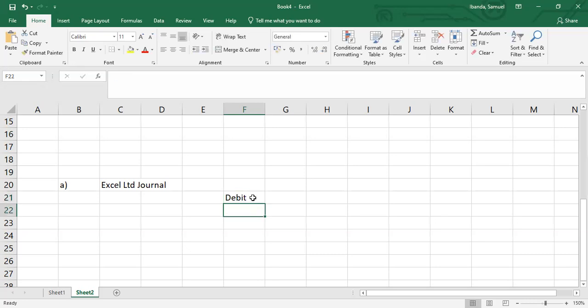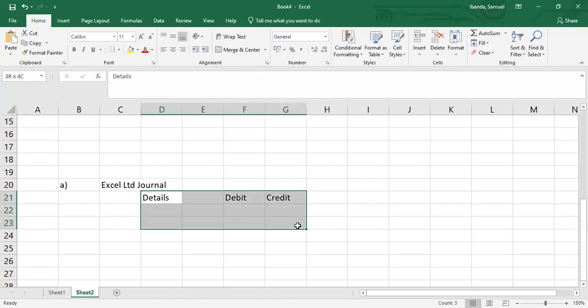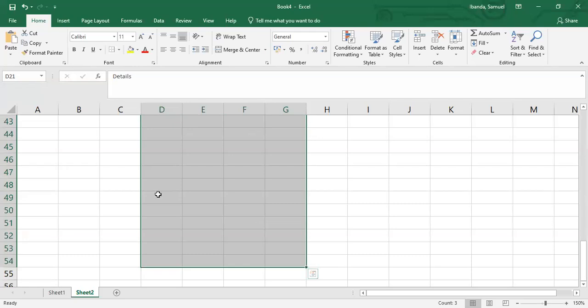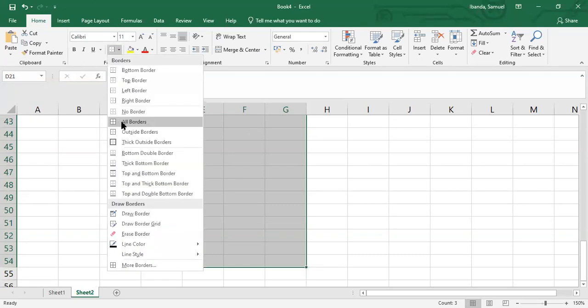You have a debit, and then you have a credit, and then you have details. Sometimes we may also have a kind of folio column, but let's just utilize this for now for learning purposes.